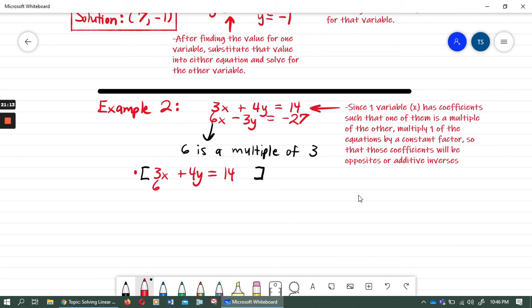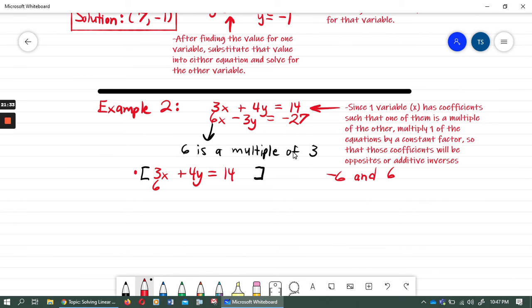All right, so again, guys, really quick, I'm going to write that, but I'm going to erase it. We want the two numbers to be 6 and -6, so that when we add them together, they will cancel out. And that's the whole purpose behind using the elimination method.